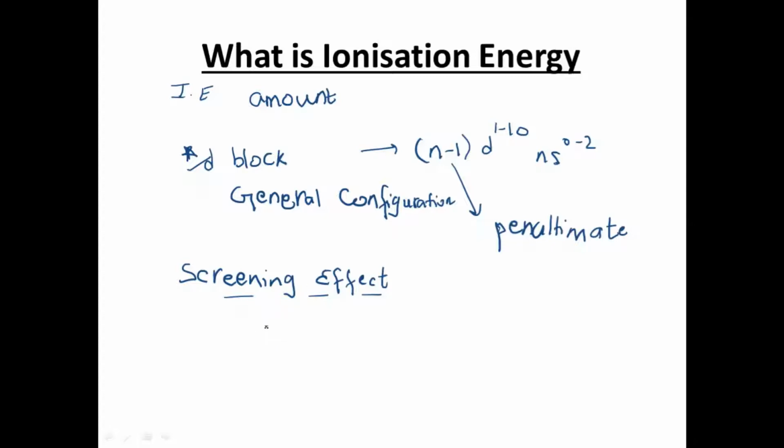That is called the screening effect. So the screening effect increases in the order f, d, p, s, that is, the maximum screening effect is for s, then p, d, and f.